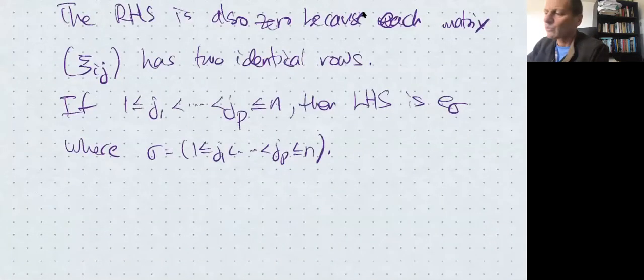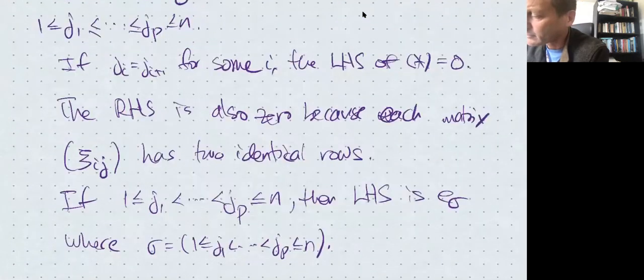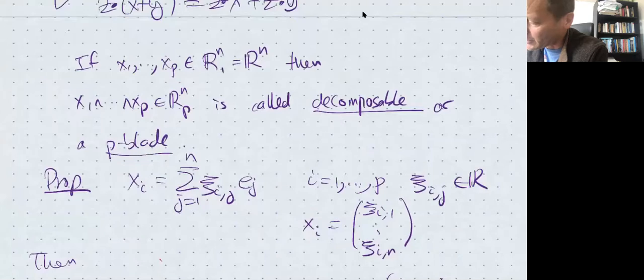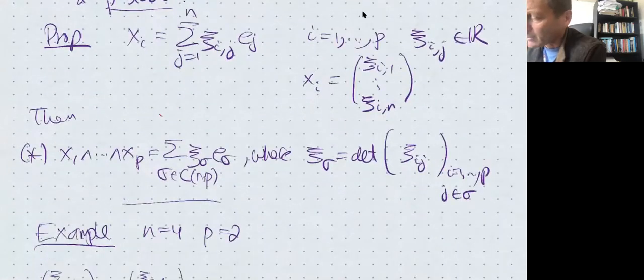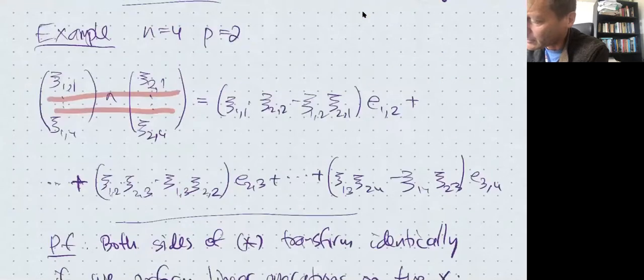What about the right-hand side? Let's scroll up again to C star. Maybe I shouldn't have called this sigma. Let's call this guy sigma 0.